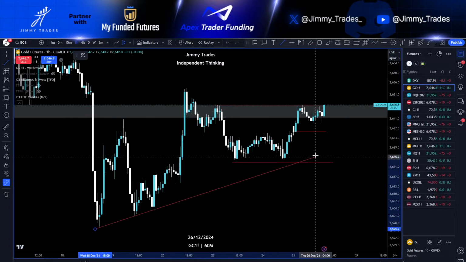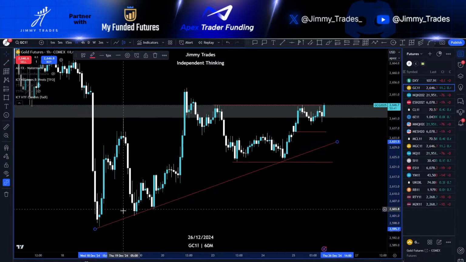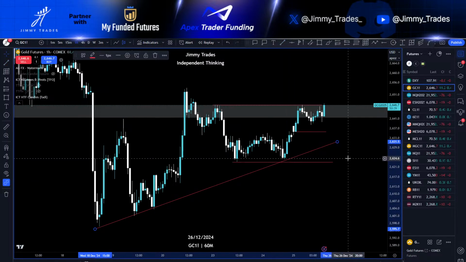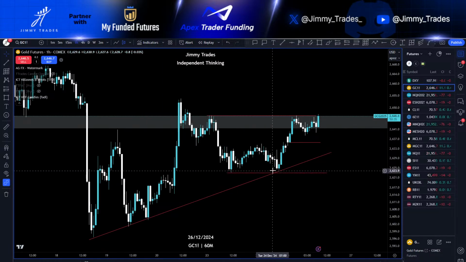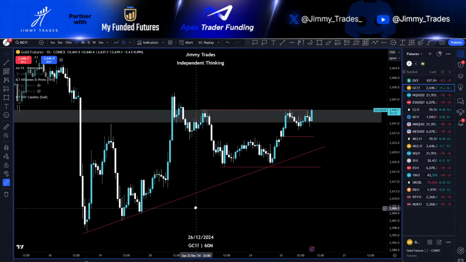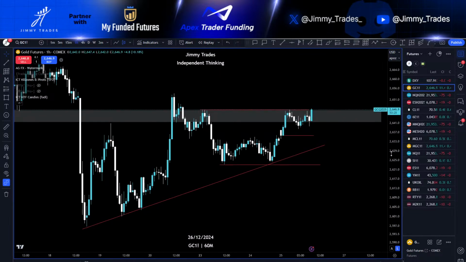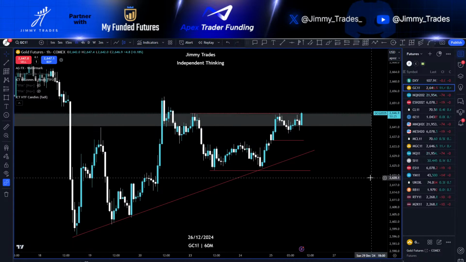Low resistance liquidity looks interesting to me. We've got multiple touches as well, usually indicating that this is a stronger level to draw towards. The more touches for the low resistance liquidity, the better.